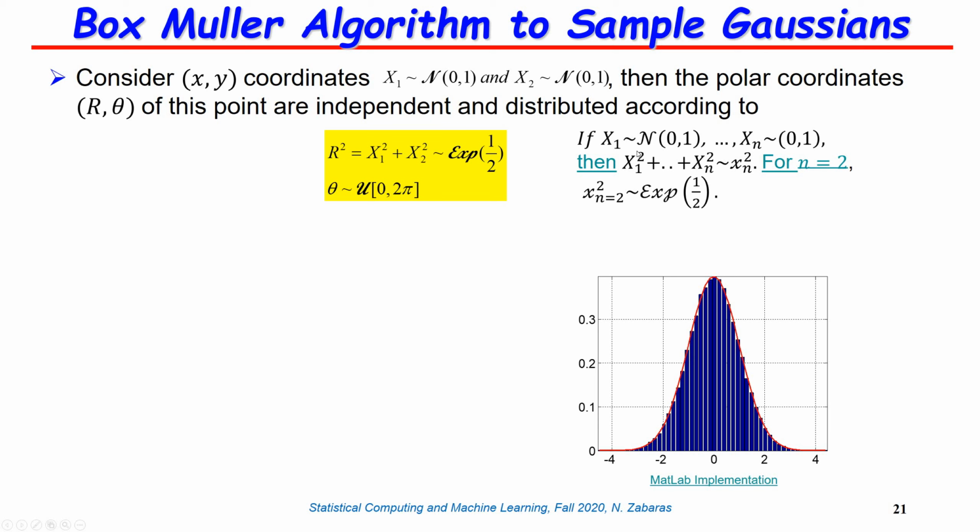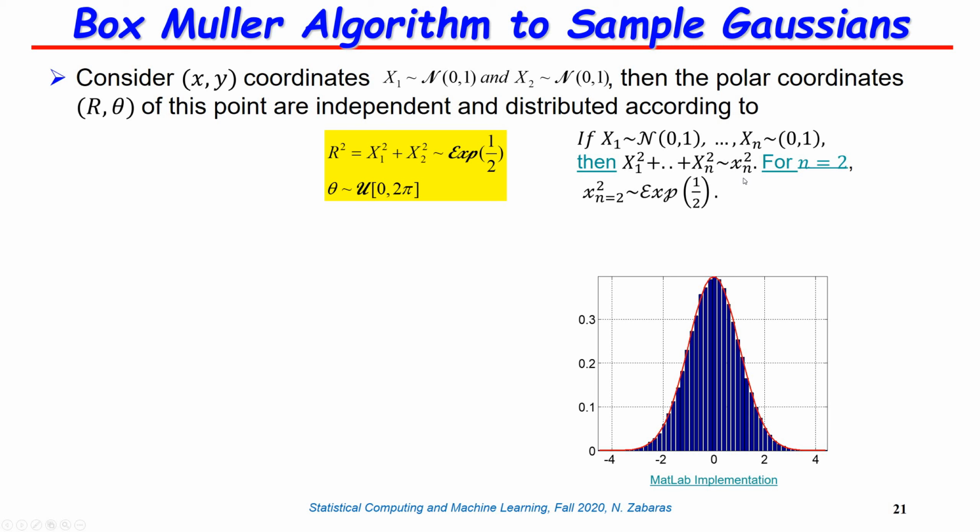If you take x1 to be a sample from the standard Gaussian, and x2 to be a sample from the standard Gaussian, and similarly xn, then x1 squared plus x2 squared plus up to xn squared turns out to be a sample from the chi-squared distribution with n degrees of freedom.